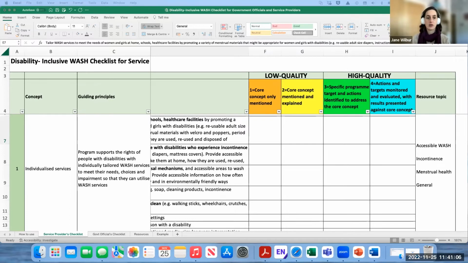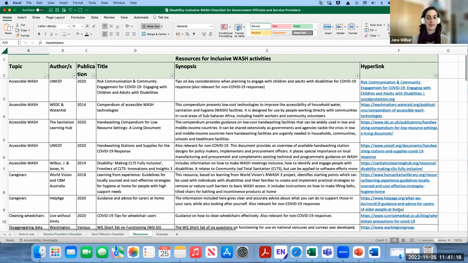Now, the final column is resource topic here. Now, this relates to the resources worksheet, which is the 4th one, and that's here. So here, there's a list of practical resources that you can draw on to help you make your work more disability inclusive. There's a list of topics on the left.